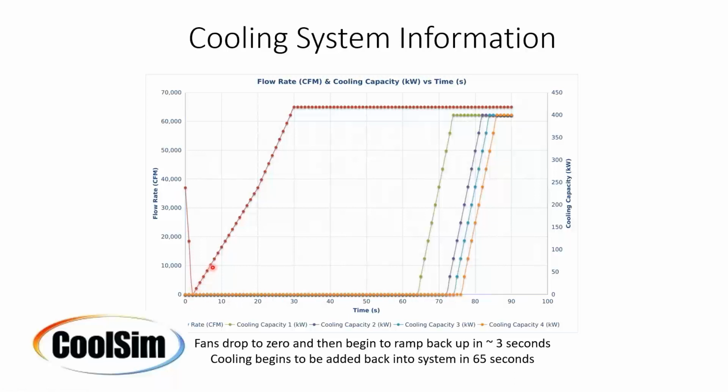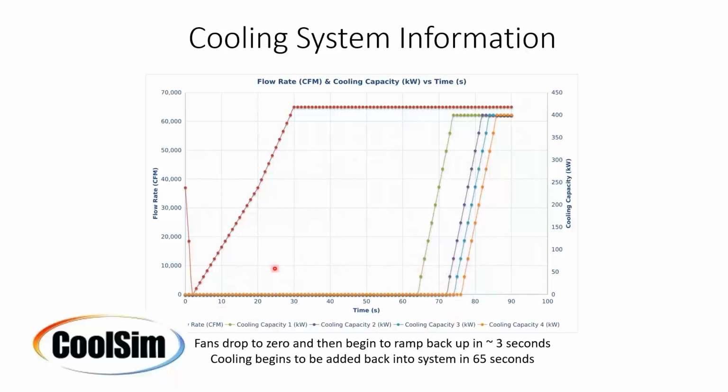The fans begin to ramp after a few seconds, but the ramp is a little slow, and then it comes up, and then it goes across. So you have here about 20 seconds, 25 seconds of ramp on the fans, and then you have 65 seconds before the cooling comes in, and the cooling comes in stages. In this case, stage 1, stage 2, stage 3. These are various compressors they're bringing on sequentially.